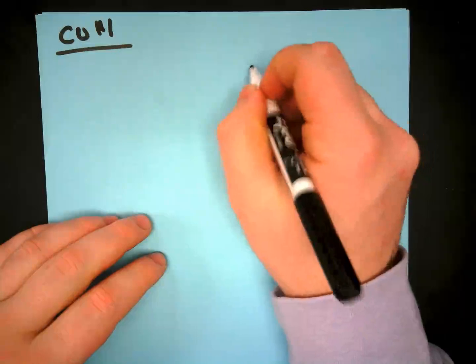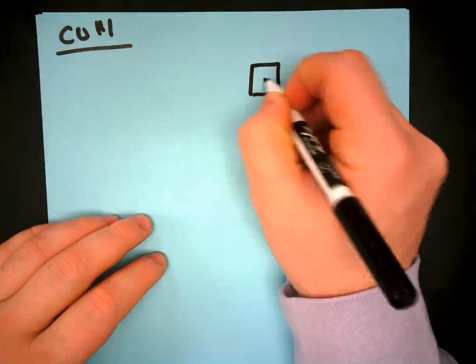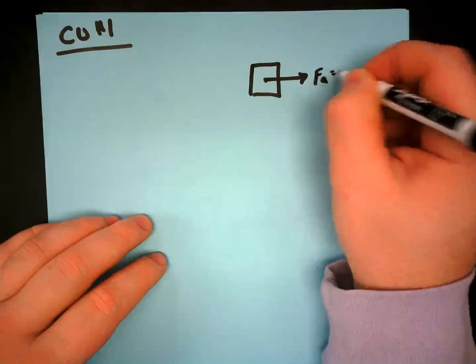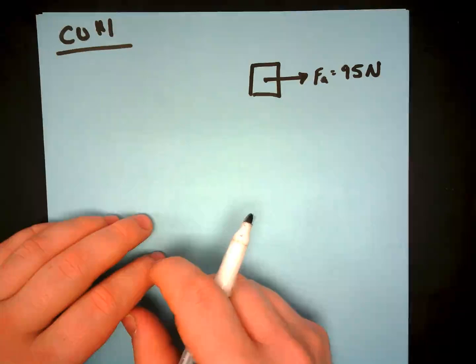So we could draw a free body diagram here, and you can if you want. I would actually recommend it. We've got an airport employee pushing some carts. Here's a bunch of carts. We'll say here's a force being applied, and it looks like it's 95 newtons. That's pretty much all we're given.